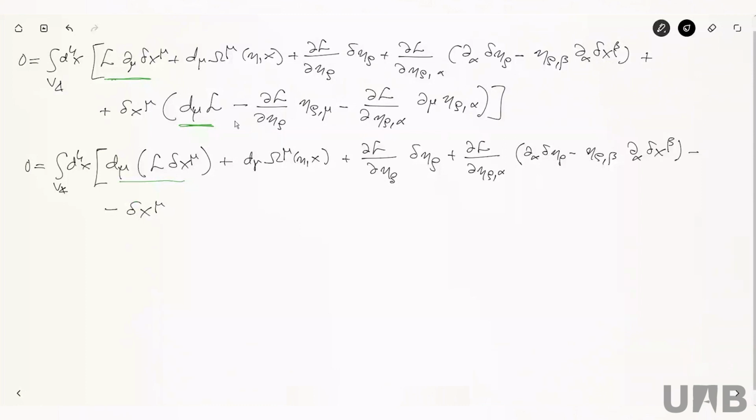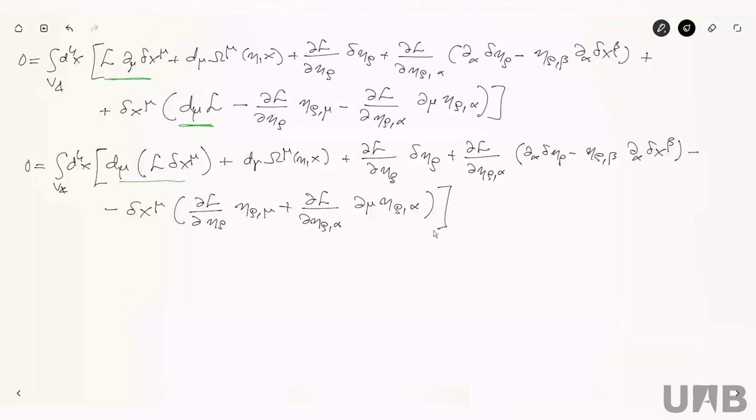I absorb these two minus signs in here. Derivative of L with respect to eta rho comma mu plus derivative of L with respect to eta rho comma alpha d mu eta rho comma alpha. Okay, good.